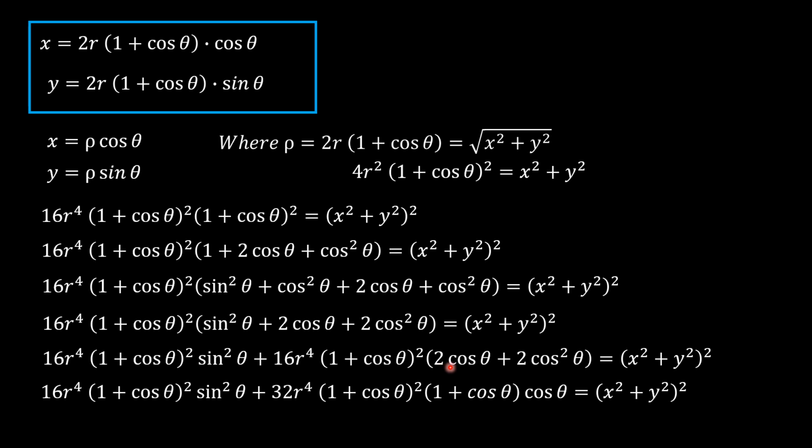Let's first of all remove the 2 on the second part of the left hand side so that 16r to the power 4 becomes 32r to the power 4, and then we can now go back and substitute the x and y back in place of the cosine theta and the sine theta.